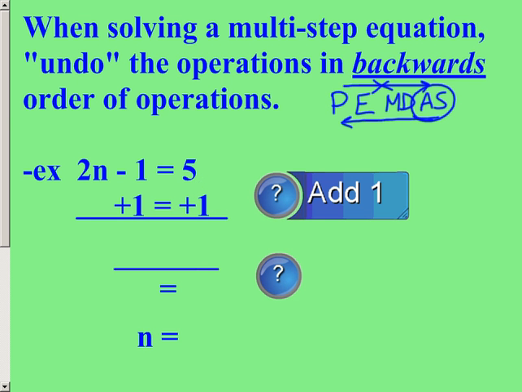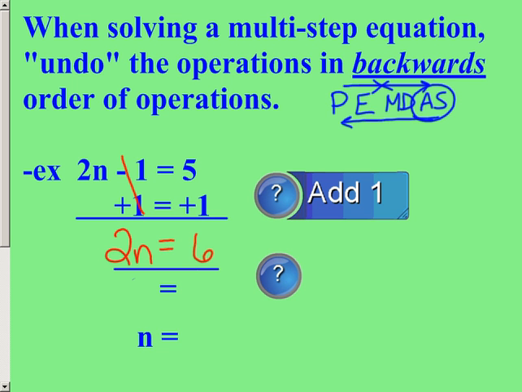The plus 1 and minus 1 cancel each other out, leaving us with 2n on the left-hand side and 6 on the right-hand side, because 5 plus 1 is 6.